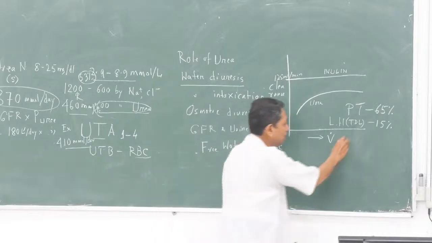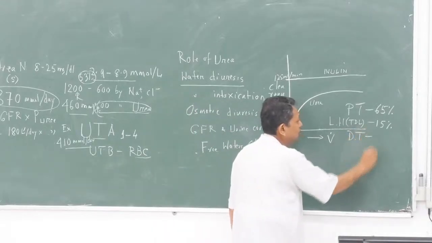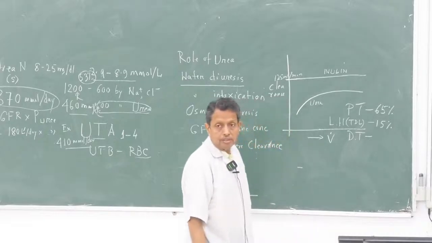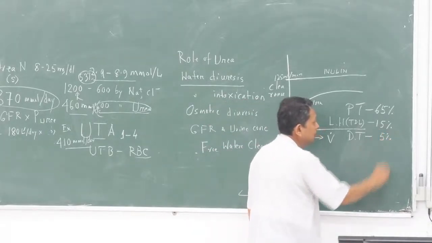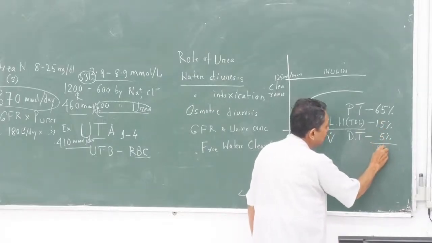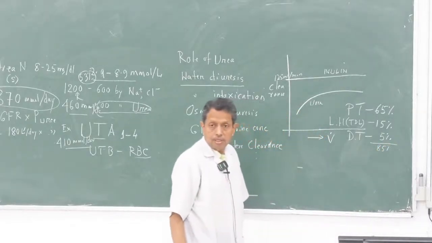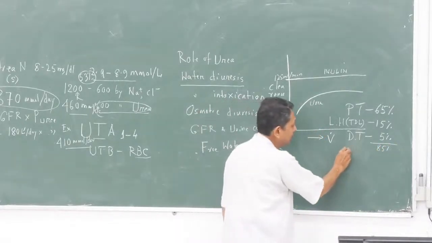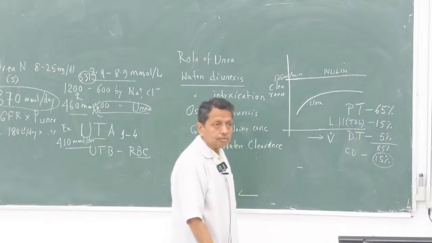And in the distal convoluted tubule, it is absorbed as it is, 5%. So the remaining part is in the collecting duct, where up to 85% is reabsorbed. At the beginning of the collecting duct, 15% is remaining.